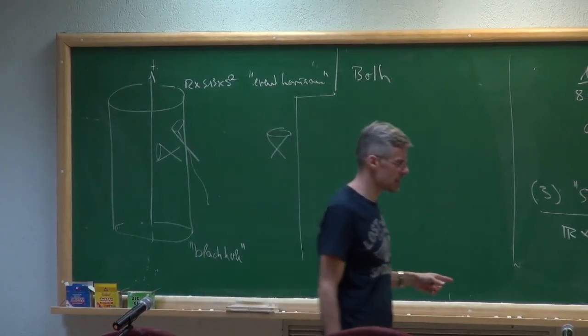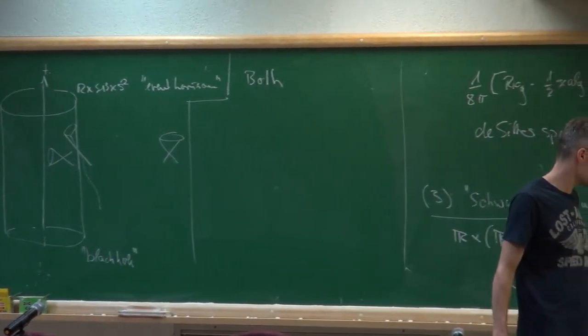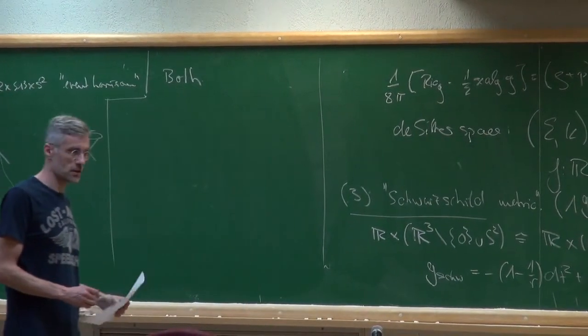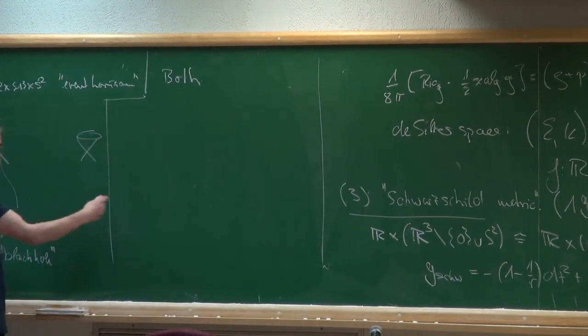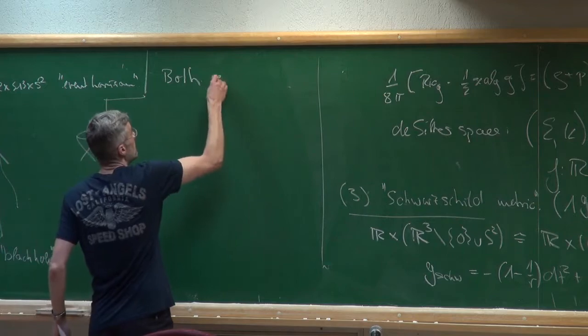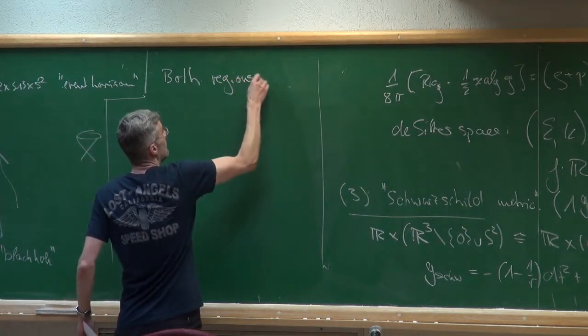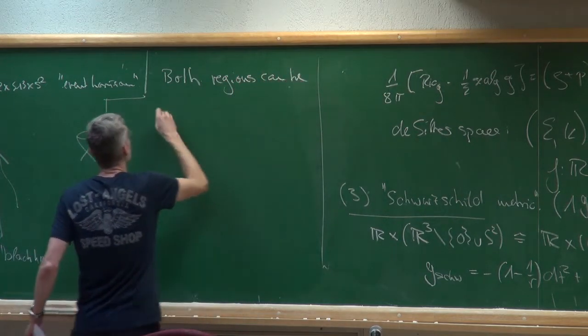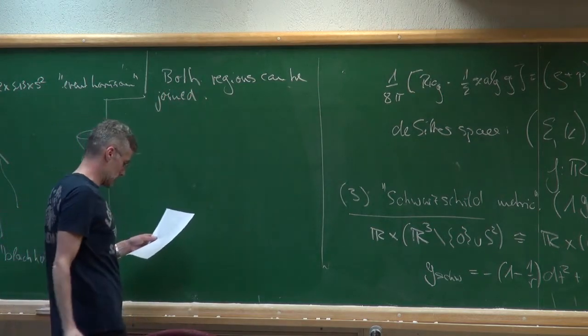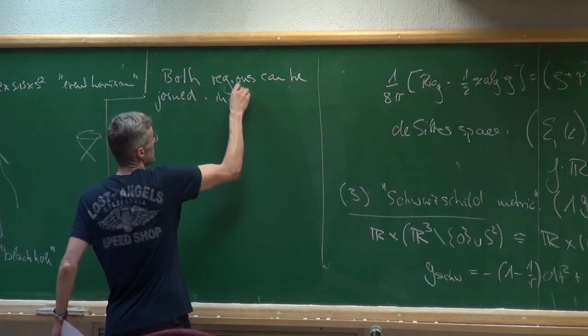It cannot be extended as an analytic metric, because this is an analytic expression, and analytic functions cannot diverge if they agree on an open set. But as a C^2 metric, you can join these things together. So both regions can be joined. What did I say? In the Kruskal coordinates.